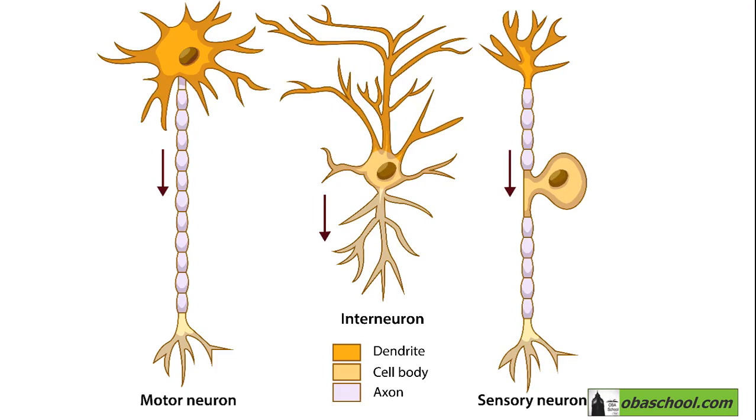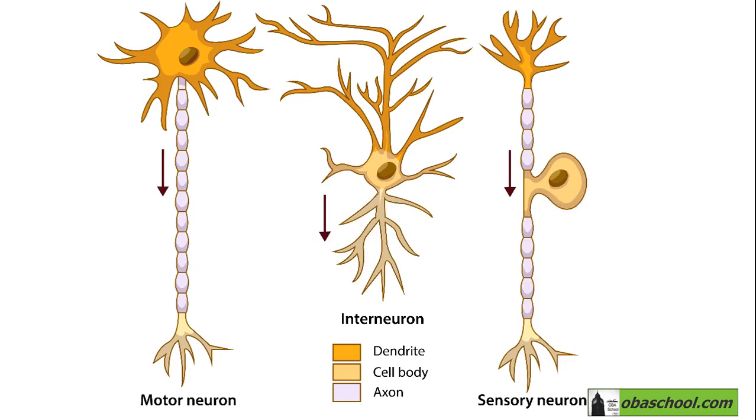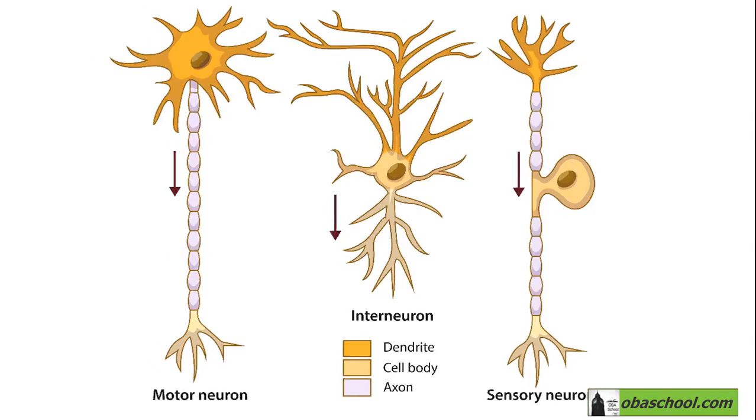Notice how the pattern of the dendrites, the axon, the cell body, and the axon terminals differ from one type of neuron to another. So, the structure depends on the function of every neuron, and clearly, these neurons have different structures.